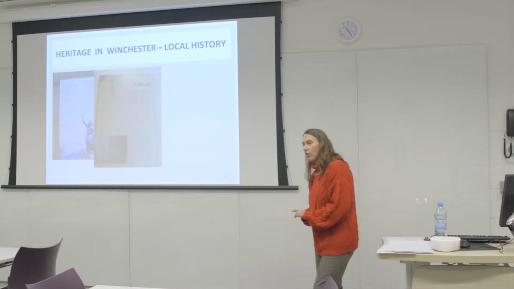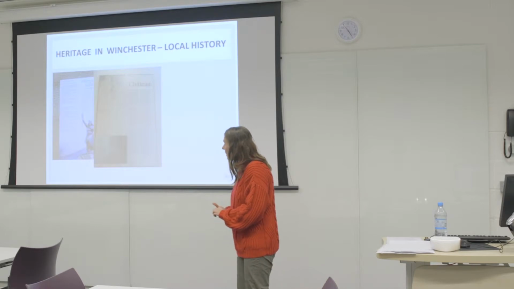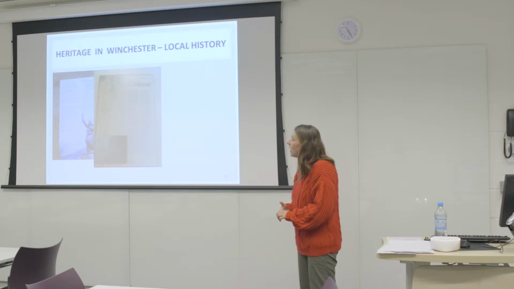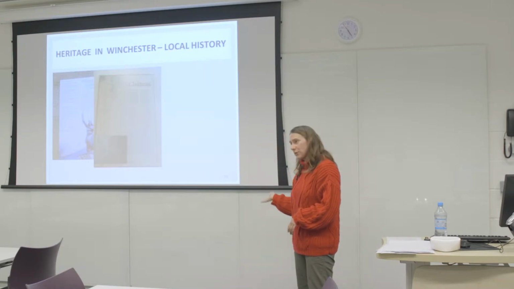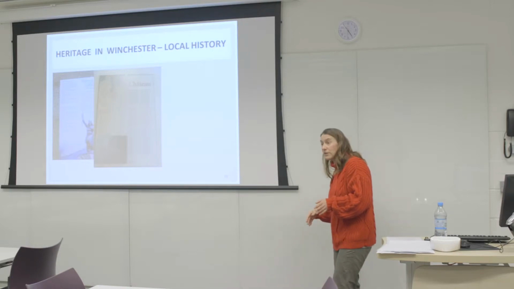Here, one of the explanatory leaflets up at Westgate Museum, entirely in French. You could also get it in Dutch, one of the smaller languages that we didn't necessarily expect to see. And again, catering entirely for explaining the history of Winchester itself.